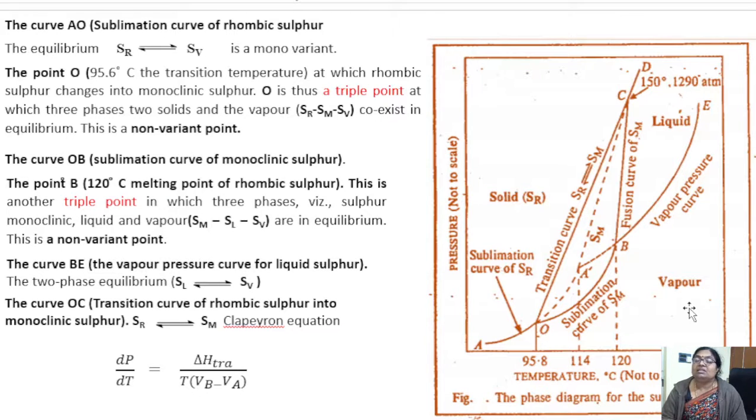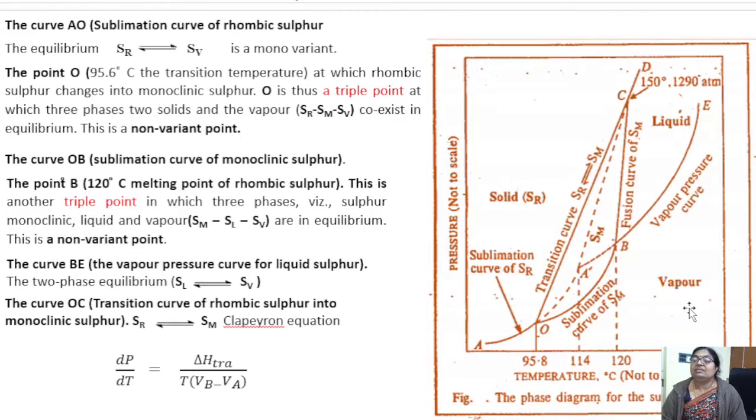Another curve is OC. This is what we call the transition curve. This transition curve is also monovariant, because two solid states are present.